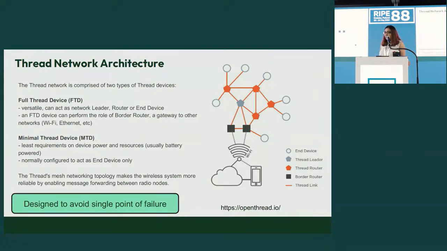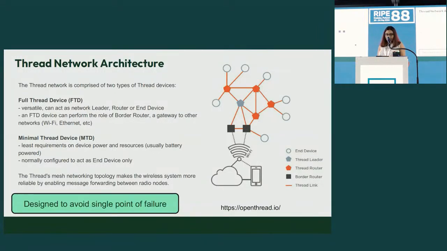We could have a thread leader. We have a thread router, which is shown in orange color. And we could have a border router. The role of the border router is where we are running something like Matter, basically, because the border router connects your thread or your ZigBee network to the rest of the network, which is an IPv6 based network.